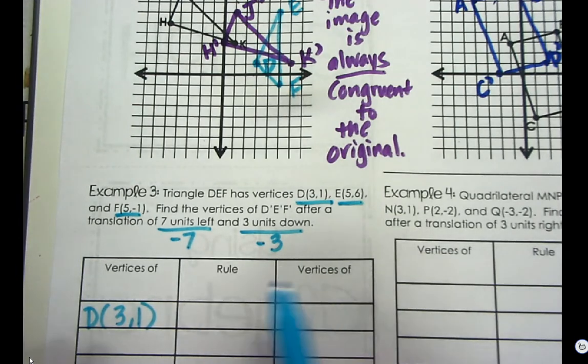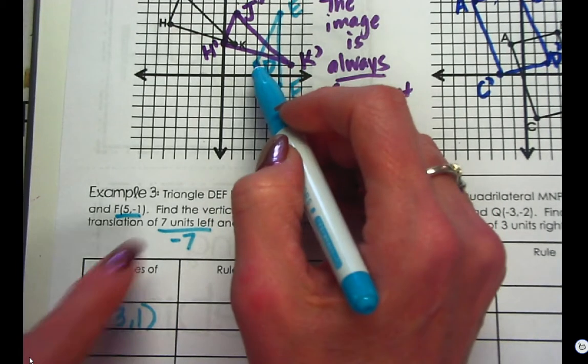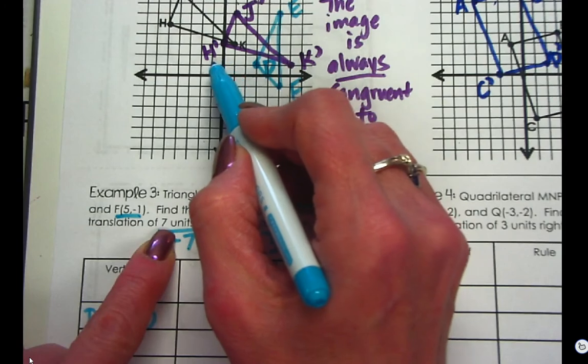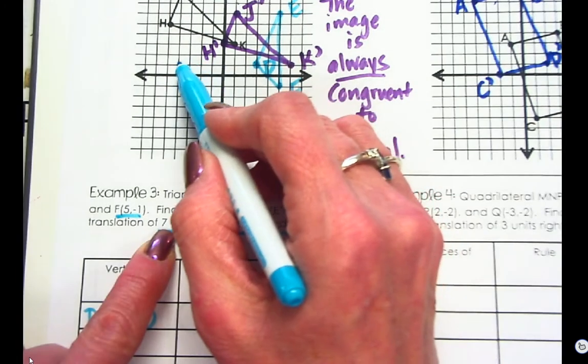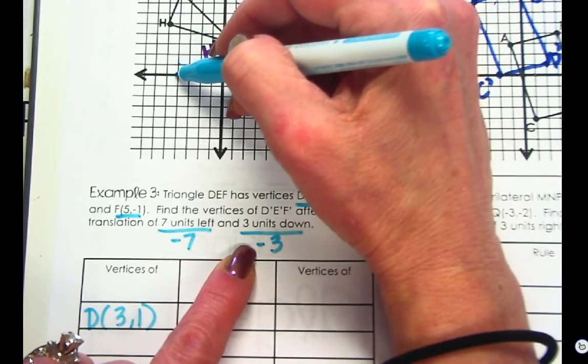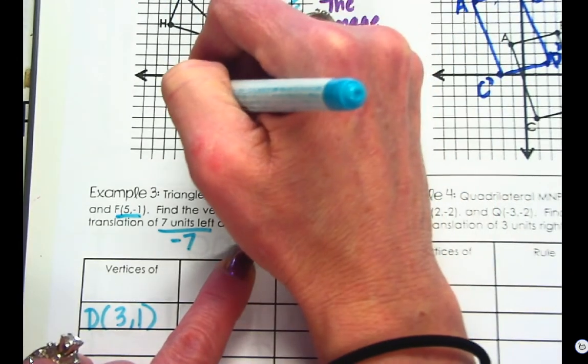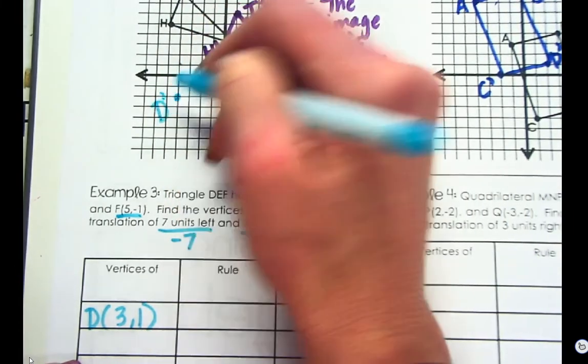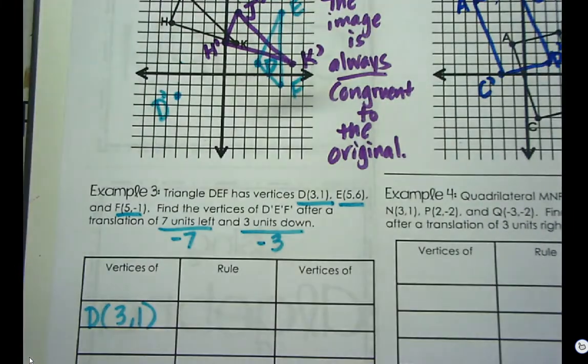So I'm going to take D, and I'm going to count 7 to the left: 1, 2, 3, 4, 5, 6, 7, and then I'm going to go 3 down: 1, 2, 3. See that? So that's now D prime. I just took the D, went 7 to the left, 3 down, and plotted my point.